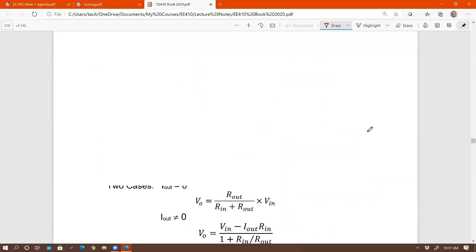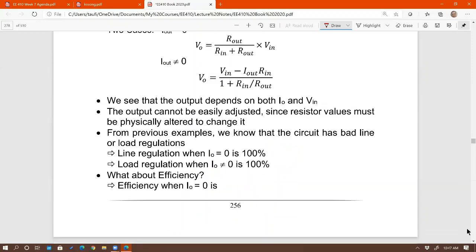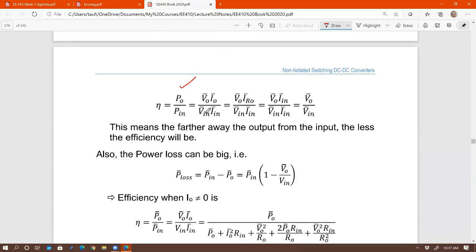Notice that if I don't have this branch right there, I in is the same as I out, right? Then I in is equal to I out. That's why when you derive the efficiency, I out cancels with I in, right? So therefore, the efficiency equation is V out over V in, which could be good, right?